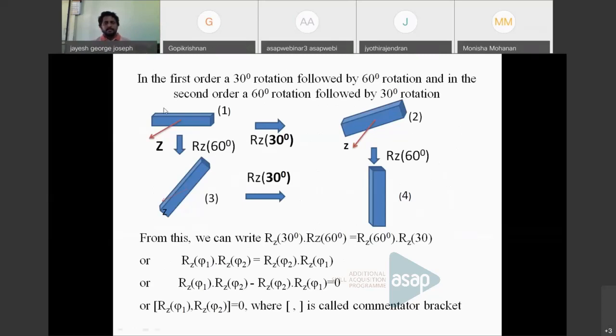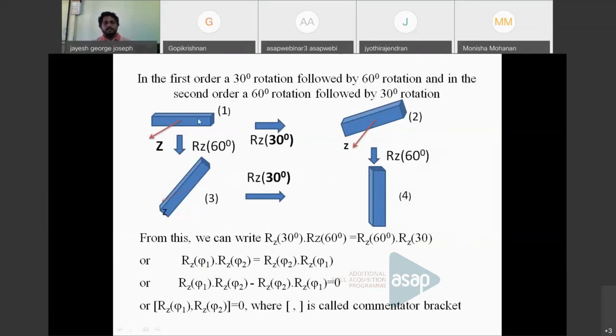Here this is the first state, and there is a rectangular box that is horizontally placed, and then it rotates about this z-axis in counterclockwise direction by an angle 30 degree, and its position is denoted as 2. And then again it rotates counterclockwise about the z-axis, and its final state is denoted as 4, and at that position this object stands erect.